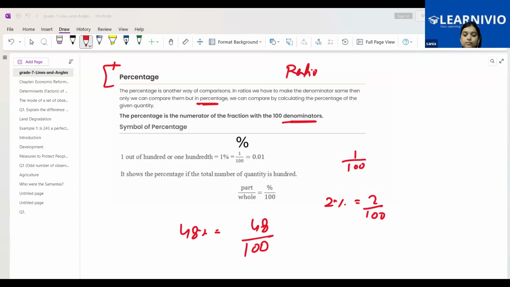Ma'am, why does it look like 0 upon 0? Like the percentage sign, it looks like a 0 upon 0. This is the percentage sign. Why isn't it showing the denominator as 100?